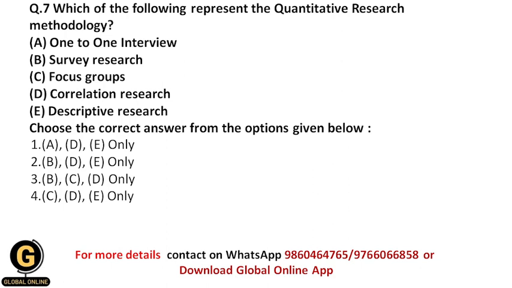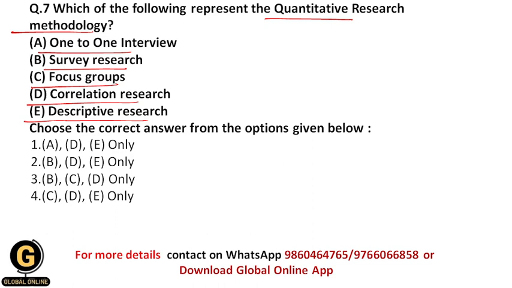Next is, which of the following represent the quantitative research methodology? Whether it is one-to-one interview, or survey research, or focus groups, or correlation research, or descriptive research. Now students, all of you now understand exactly what the quantitative research methods and the qualitative research methods are.